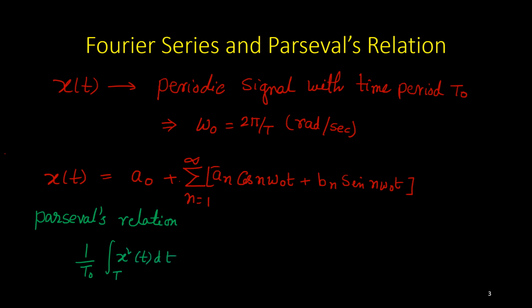For one time period, if we integrate, this will give you the average power, and that is A0 square, and power of individual components.